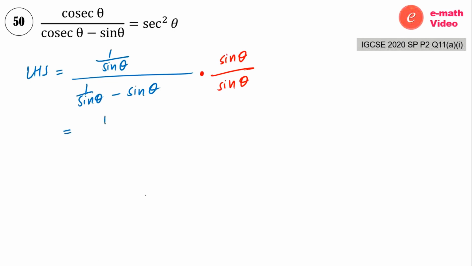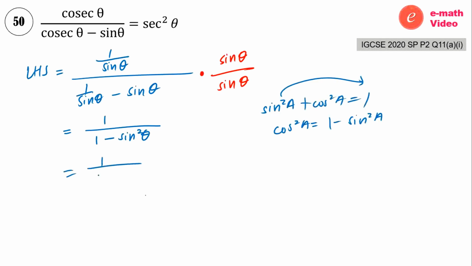Equals to 1 on top over 1 minus sine square theta. Sine square A plus cos square A equals to 1. 1 over cos square theta equals to secant square theta. And we are done.